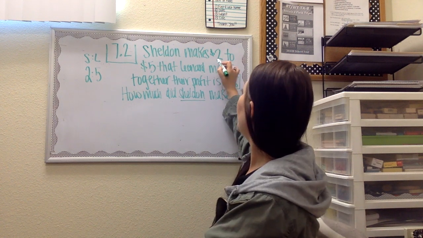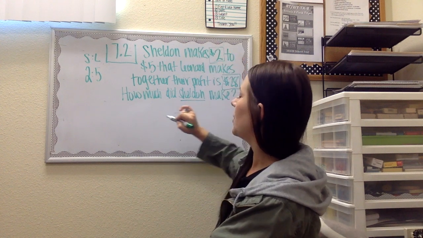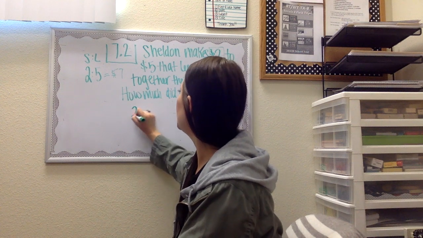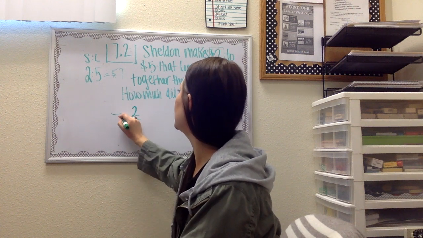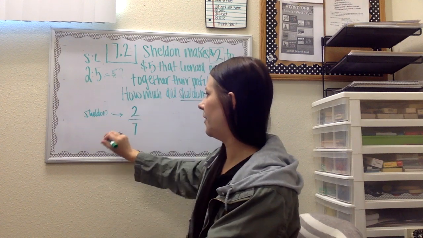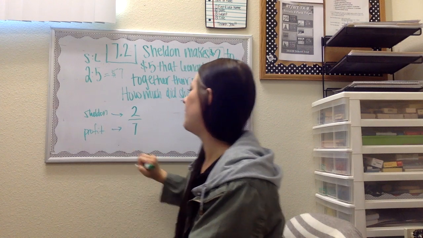So we're going to compare in the 2 to 5 situation, Sheldon's 2 to their profit, which is $7. So we're going to do 2 to 7 because this is how much Sheldon makes in the 2 to 5 scenario, and this is how much the profit would be in the 2 to 5 scenario.